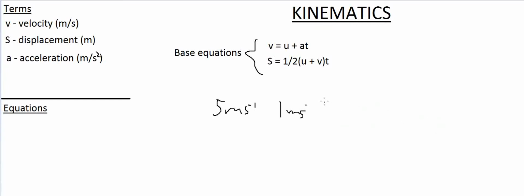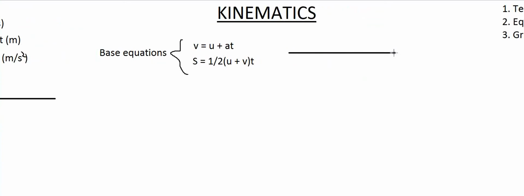So now we're explaining the second equation. The second equation is S equals half (U plus V) T. Let's say you have car A. At first its velocity was 8 meters per second.